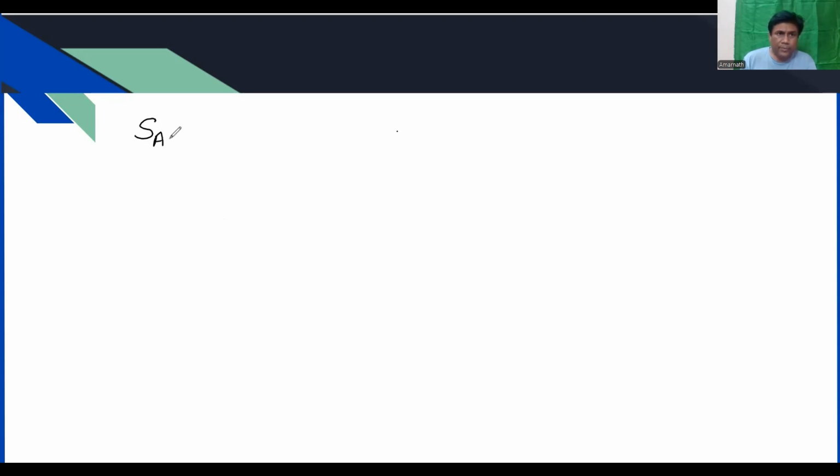Displacement of A with respect to B. It is SA, which is actual, minus SB. SA is also actual, SB also actual, but SAB is relative. This is relative displacement.